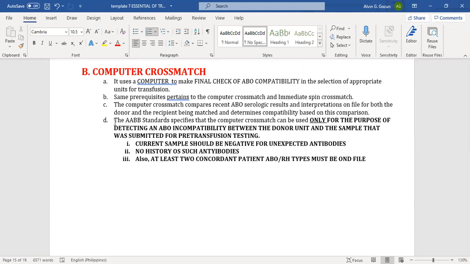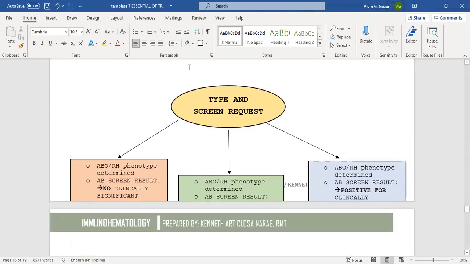Okay, current sample should be negative for unexpected antibodies, no history of such antibodies. Also, at least 2 concordant patient ABO or RH types must be on file. So yun yung computer cross-match, not that important. Okay?